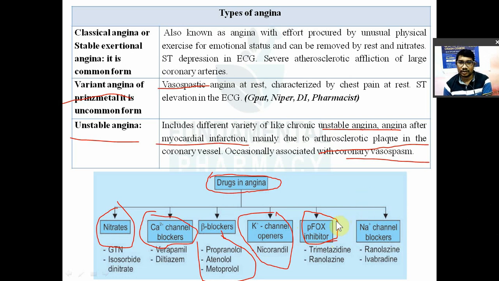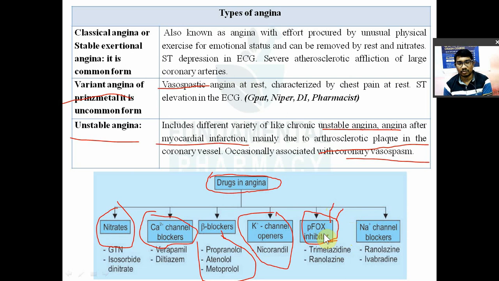Primarily it will take this fatty acid, partial fatty acid oxidation. Due to this, what happens? So there is a generation of free radicals at the myocardium, and that free radical will also damage the myocardium more. So that's why inhibition of this enzyme.